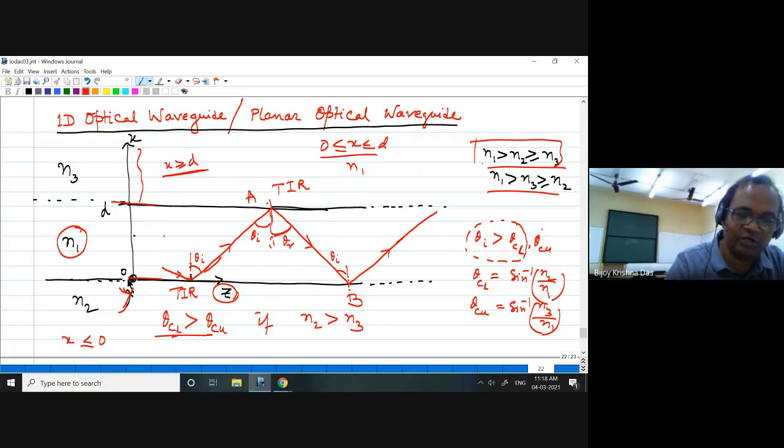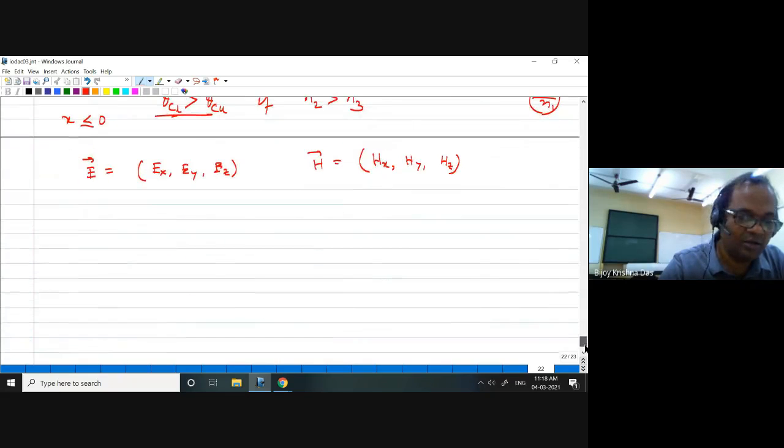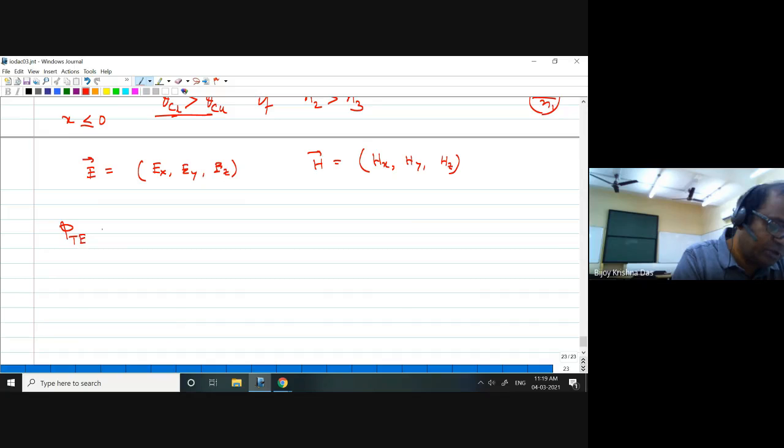Now if this is the situation, we need to consider your field direction. So whenever I consider phi TE, let me write down the phi TE. Phi TE equal to, I think a minus sign will be there, right? 2 tan inverse of n2 times the square root of (n1 by n2) square sine square theta I minus 1.